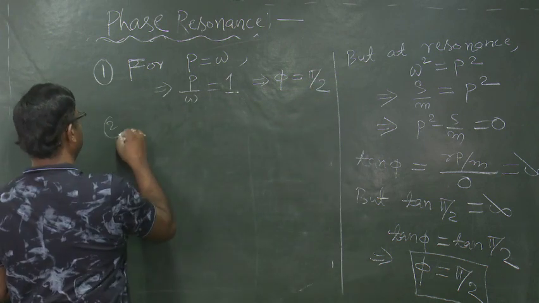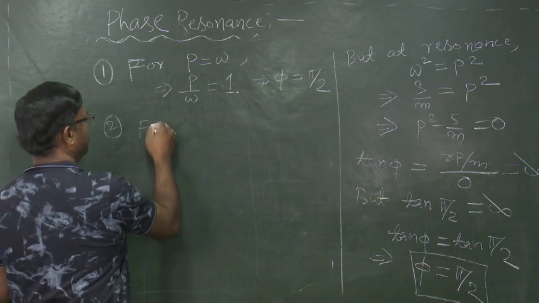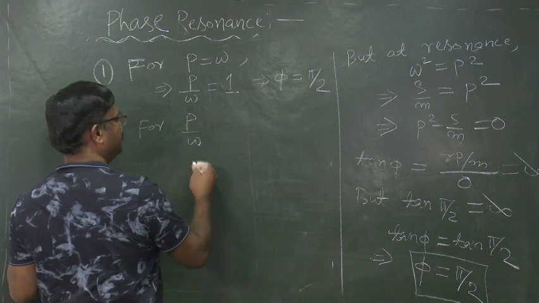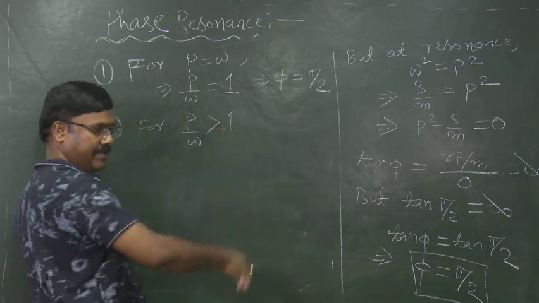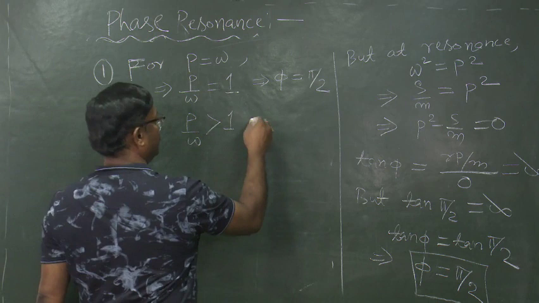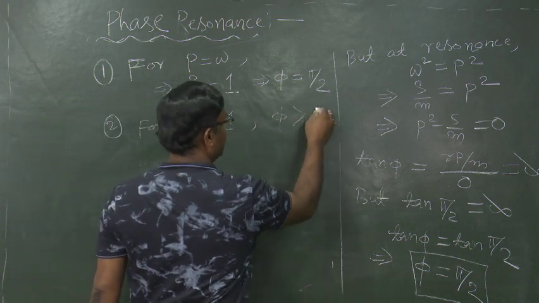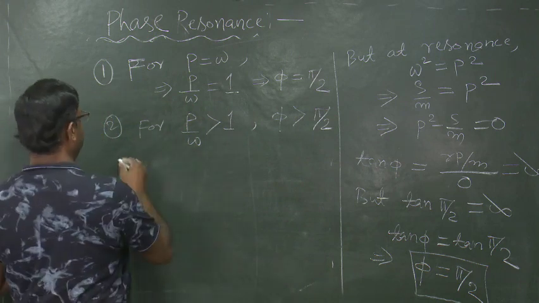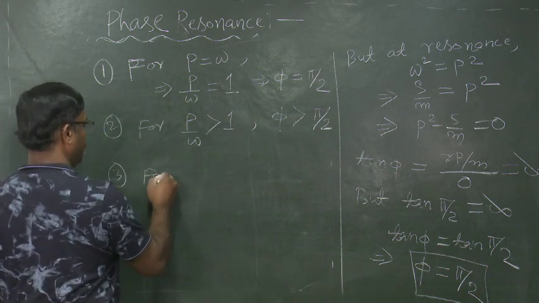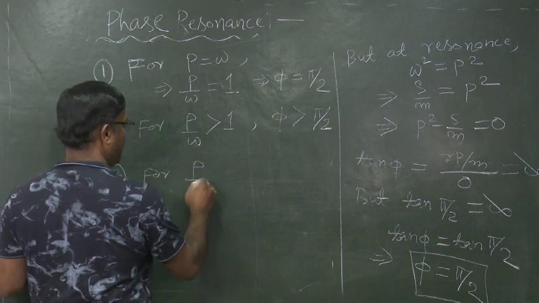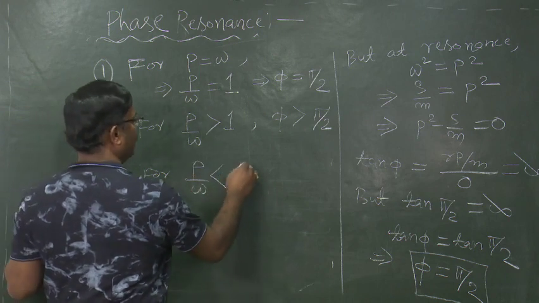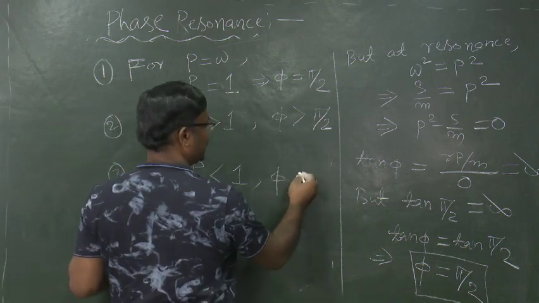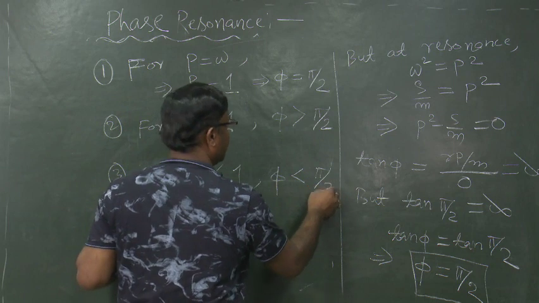Number 2, for p by omega greater than 1, phi is also greater than pi by 2. And the third case, for p by omega less than 1, phi becomes less than pi by 2.